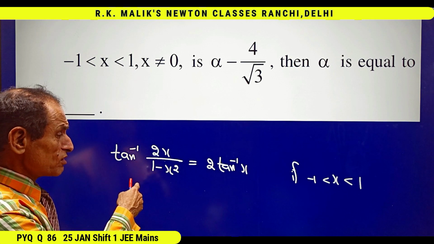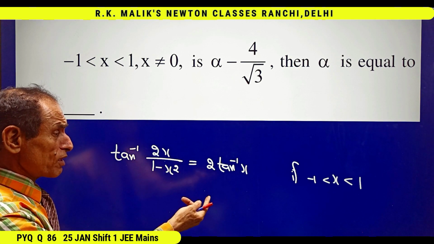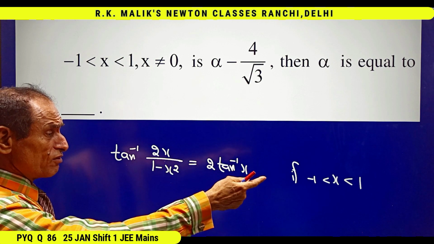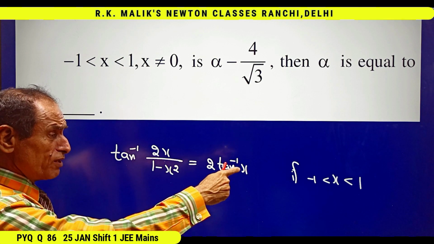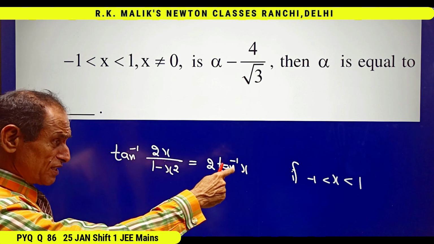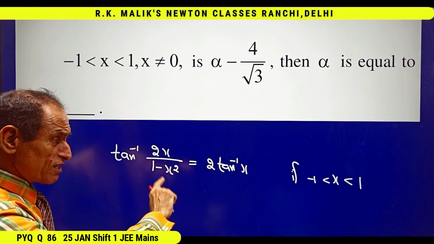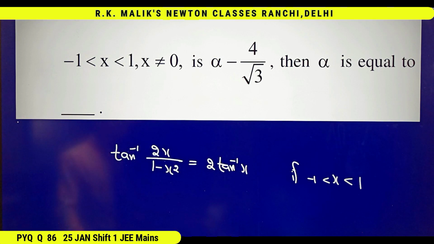As in the case of this, there will be 3 formulas. For x greater than 1, one formula will be there. Between -1 and 1, second formula will be there. For x less than -1, third formula will be there. Similarly, in the case of sin inverse 2x or cos inverse 2x, so many cases are there, and it is very difficult to remember so many formulas under different conditions.